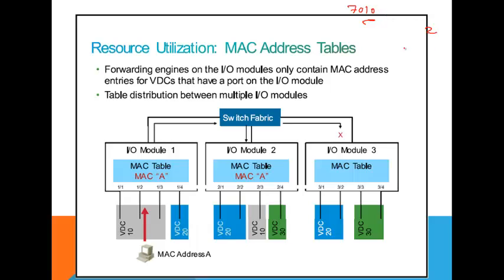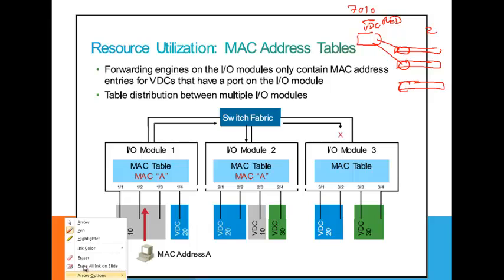If you have 8 IO modules, now we may have a few interfaces from here and a few interfaces from here for VDC red, and a few interfaces from here. Let me change the color. A few interfaces from here, a few from here, and a few from here for blue VDC.